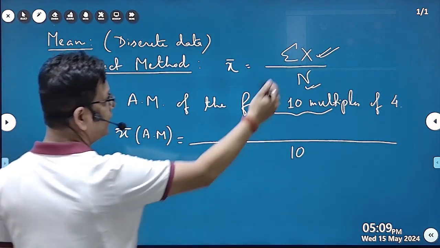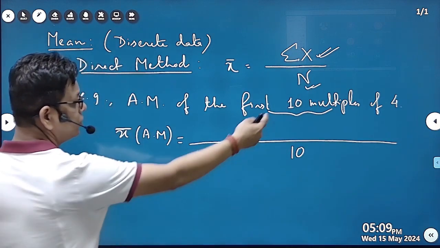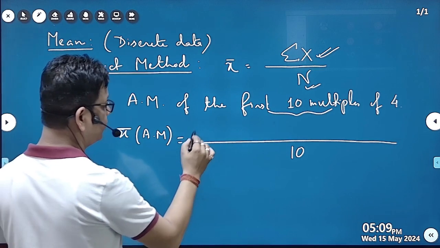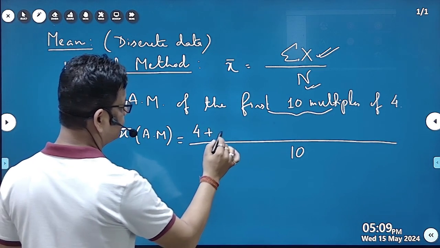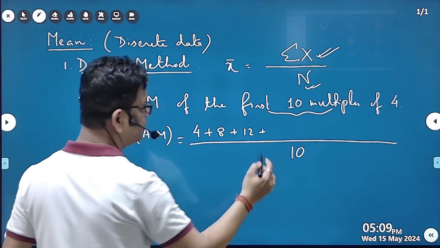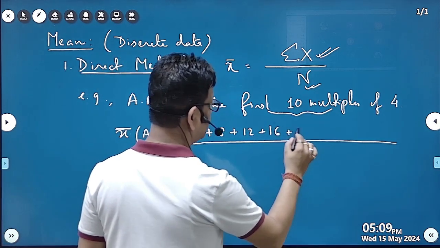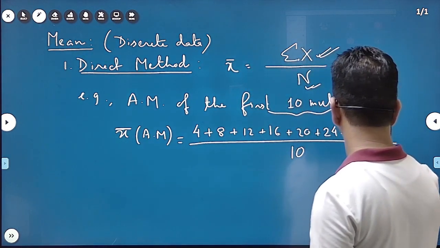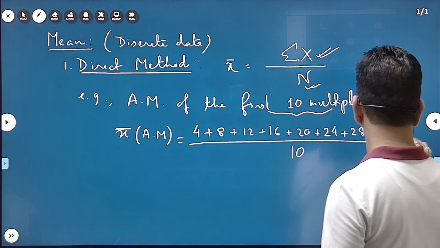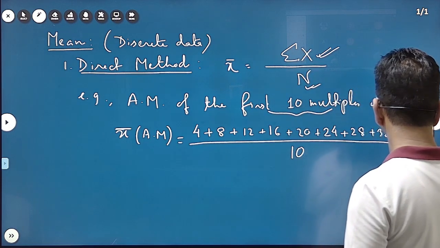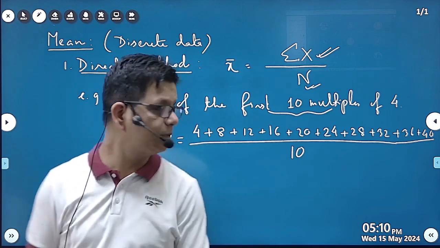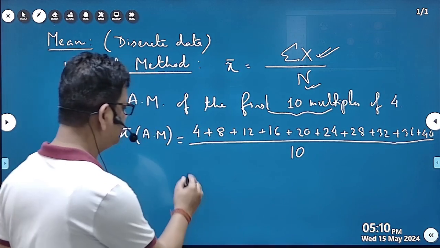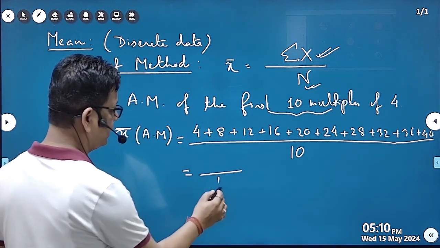The multiples are always positive, so start from 4 into 1, 4 1s are, then 4 2s are, 4 3s are, like this, the 10 multiples: 4, 8, 12, 16, 20, 24, 28, 32, 36 and 40. So these are the first 10 multiples of 4. Just sum up the numbers and divide by 10.